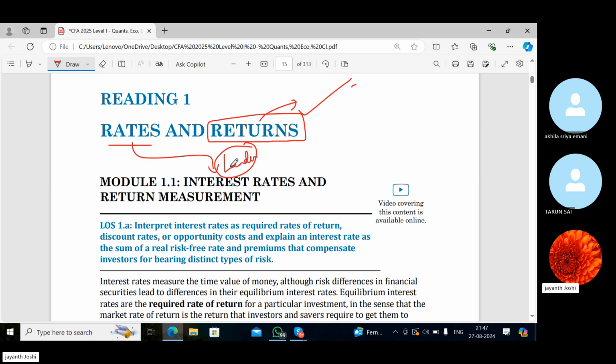And whenever you lend money to someone, since you're taking some risk by lending money, for that particular risk you also want a reward in the form of minimum returns. That would be the interest rate you charge.